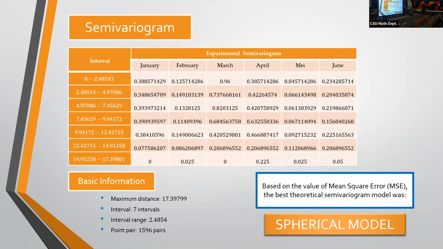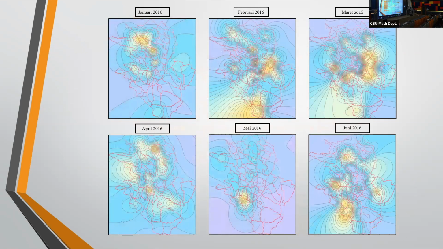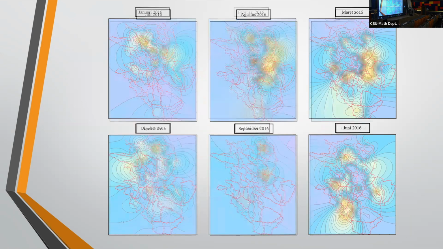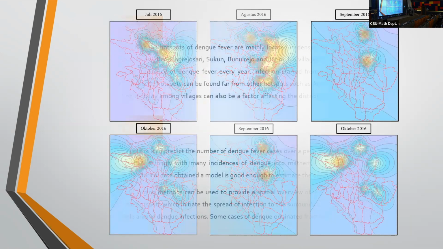We also use Surfer software, and unfortunately we cannot embed this kind of Surfer result into Google Map. So we just predict the coordinates, then try to give a narration for each sub-district or village in Malang city. So this is the result using Surfer.